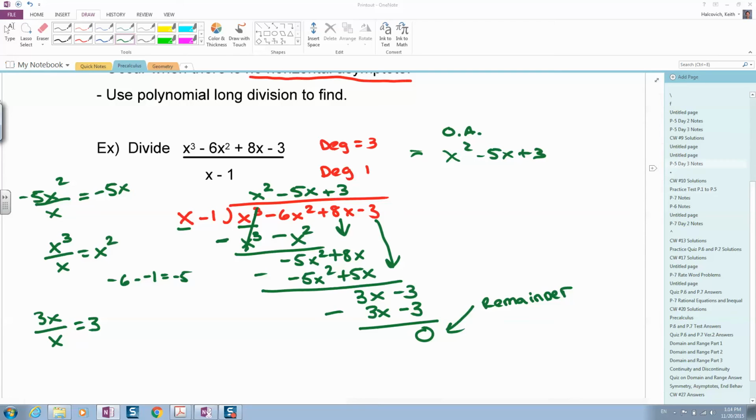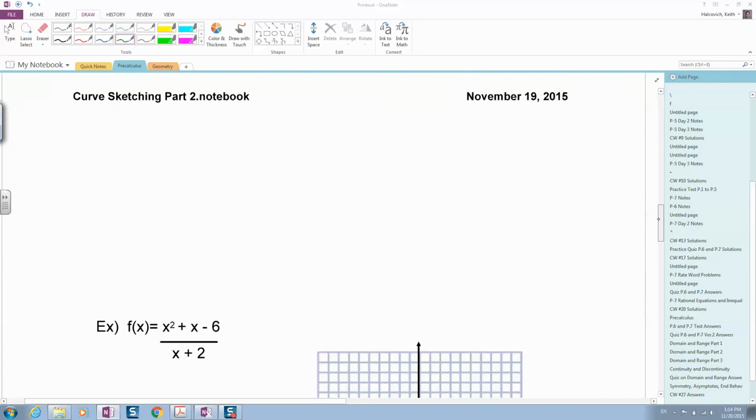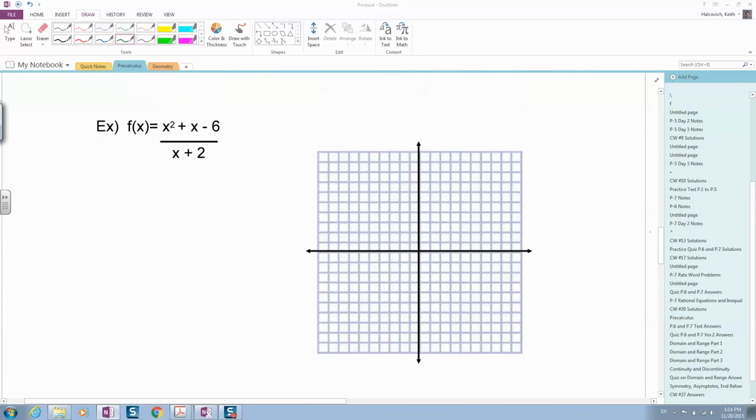So now that we know how to do long division, let's do a simpler one where we'll actually draw an oblique asymptote. So remember, step 1, we're going to factor. So here the function is going to equal x plus 3 over x minus 2 over x plus 2.